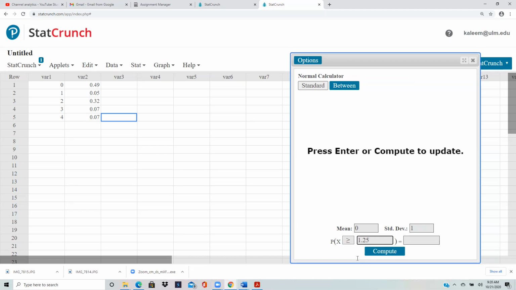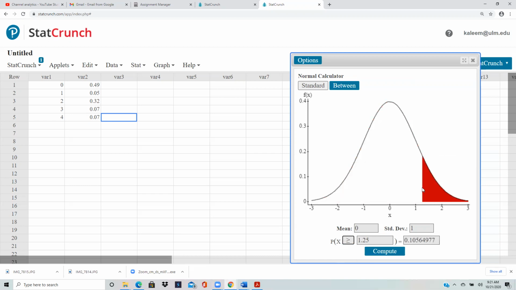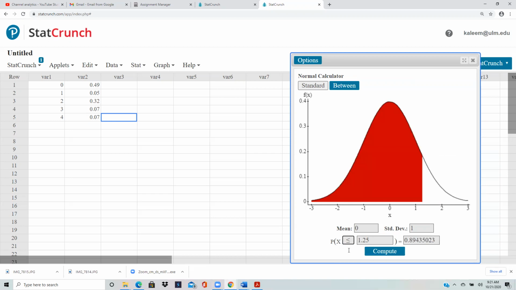I don't think so. Yeah, left means less than or equal to, right? Okay. And actually, do you see it gives you the picture? So the other one, if you had selected the other one, it gives you our area to the right. And we need it to the left. Okay, so 0.8944.